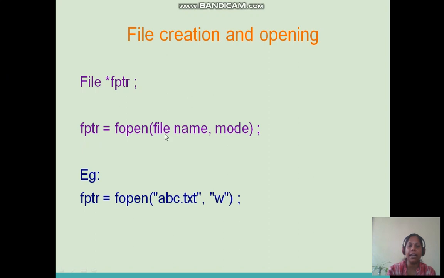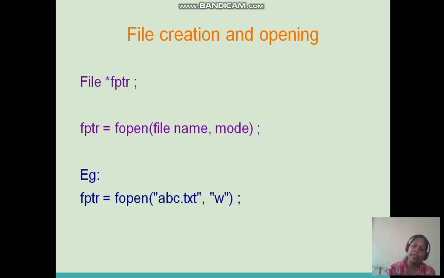Now, the different attributes inside the function fopen are file name followed by the mode. File name, if you are going to read a file, the file name should be the name of an existing file. Mode means read, write, append, etc. This is an example. fopen file name followed by write mode. Write mode creates a new file for writing.